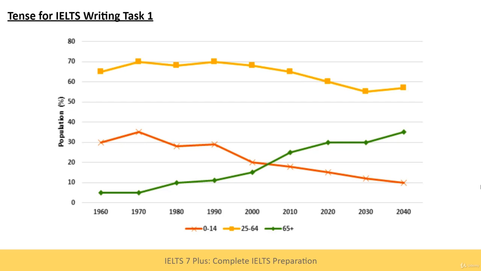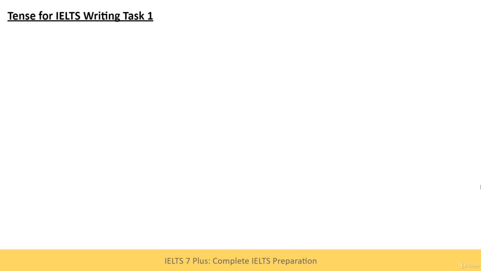Really quickly, good for an overview: 25 to 64 always is the highest amount, with changes only being between the younger age group and the older age group. Okay, so a quick look at the data we're working with. And now let's consider different tense use for this question type.